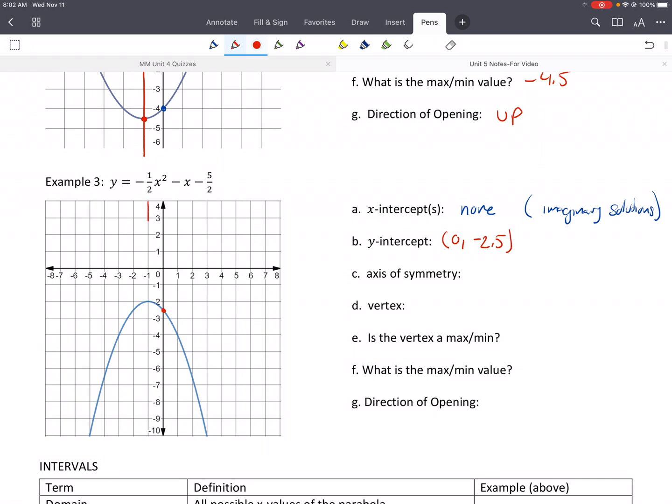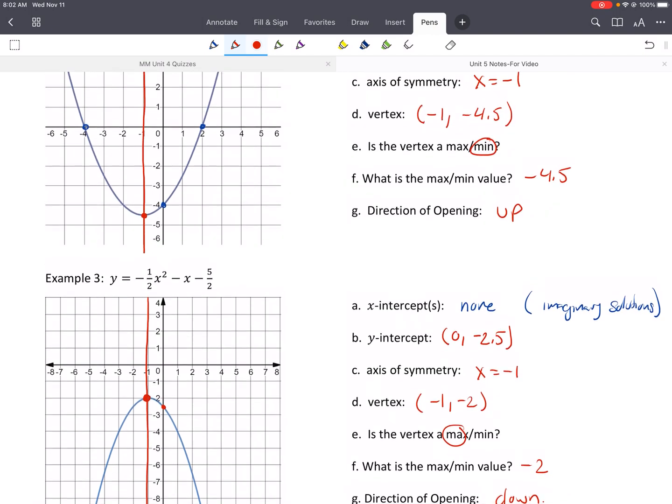Axis of symmetry, what cuts it in half, would be x equals -1. The vertex is this point, which would be (-1, -2). It is a maximum with a value of -2, and it opens down.